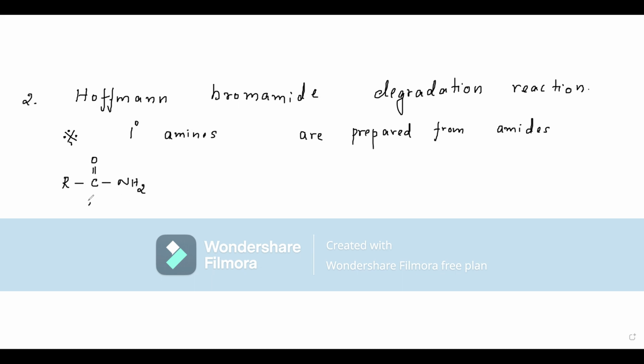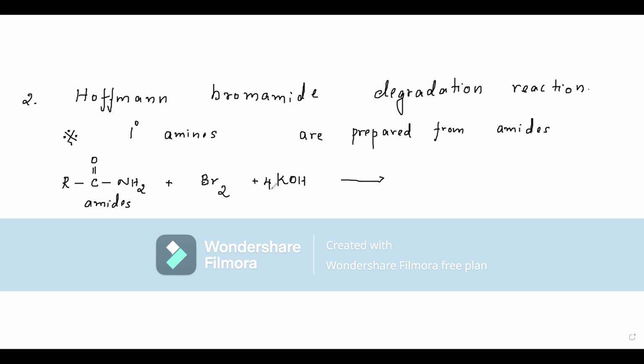These are amides. These amides are to be treated with bromine. Hofmann bromamide: amides are treated with bromine in presence of alkali. Okay, aqueous solution or alcoholic solution of NaOH or KOH can be taken.